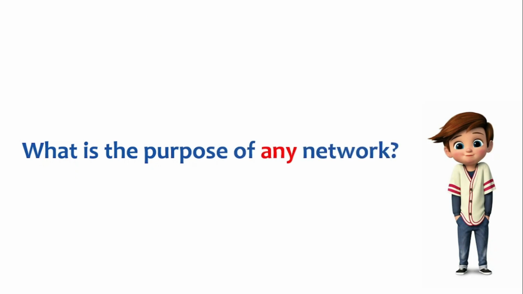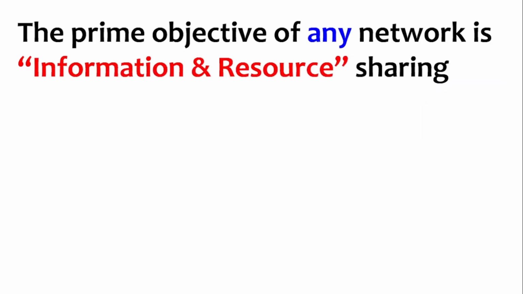So first and foremost, what is the purpose of any network? I'm not talking about computer networks over here. I'm talking about any network. The prime objective of any network is information and resource sharing. Even our personal networks, information and resource sharing.